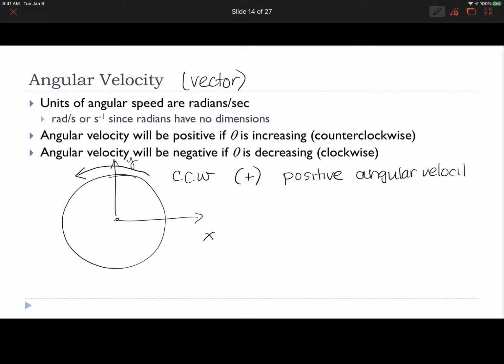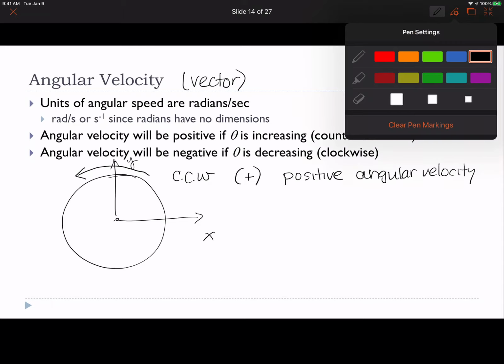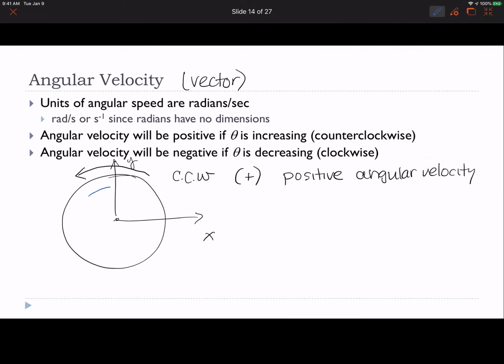And if, on the other hand, the object was spinning clockwise, that's considered the negative direction, and so that would be negative angular velocity. So we do have this vector component of the angular velocity in terms of it being positive or negative with the rotation. We're going to be a little bit more specific on this in a minute.